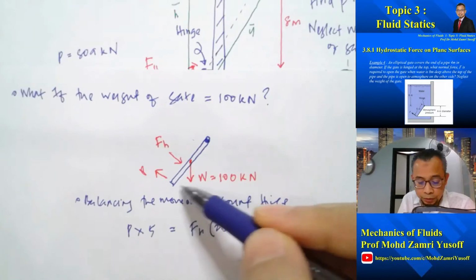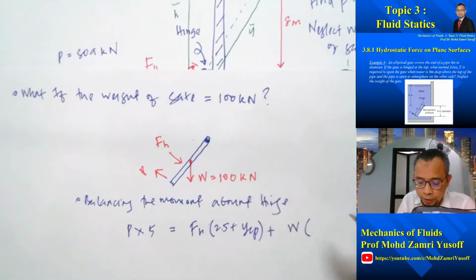The distance from here to here is equal to 3, so the distance from here to here must be equal to 1.5.